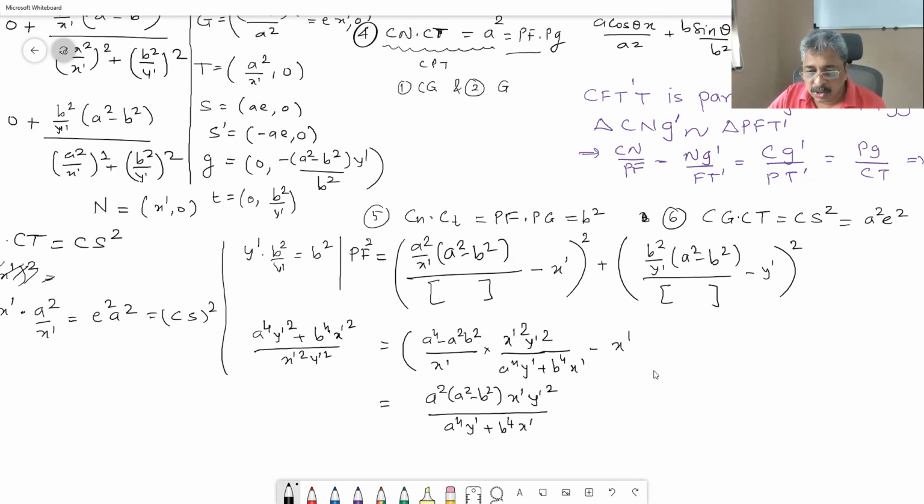So if I do this side, then it will be a fourth x dash y dash minus b fourth x dash square all divided by this. This is your square and square of this. Is it becoming too much?